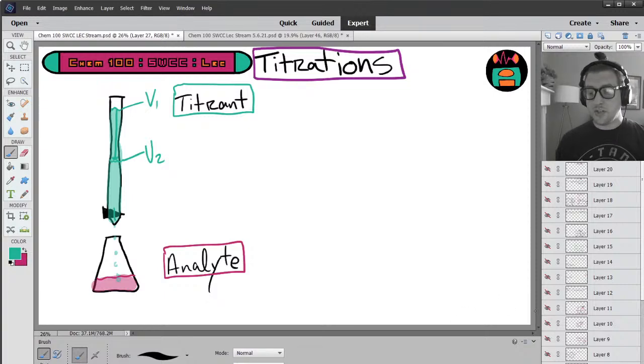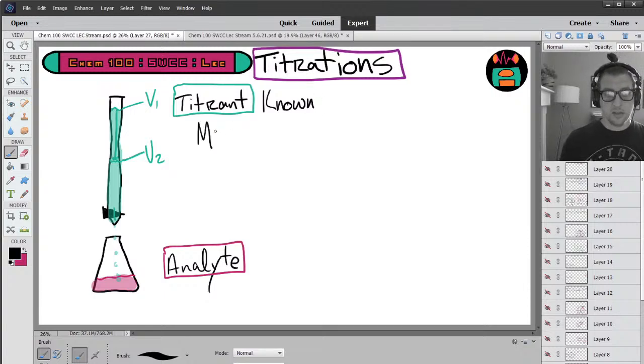You record your second volume. And remember, your titrant is the known quantity, which means under most normal experiments, we know the molarity, and we can find the volume used for the reaction, right? Because this is final minus initial.